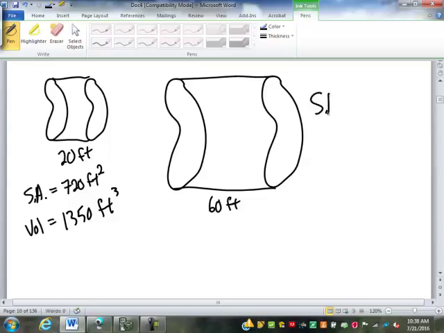So over here, find the surface area and the volume. Try that in your note.